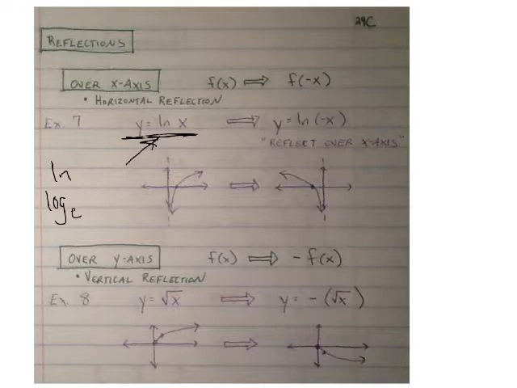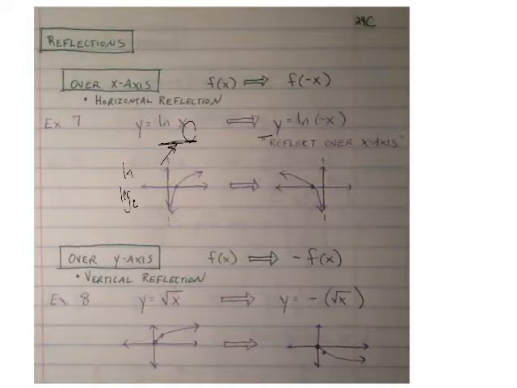We'll get into that again later on in the year, but it's a log function, and we replace x with negative x, and we get the following function. And that function reflects over the x-axis. So you can see how first it opened to the right, now it opens to the left.